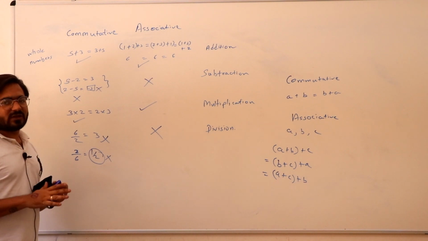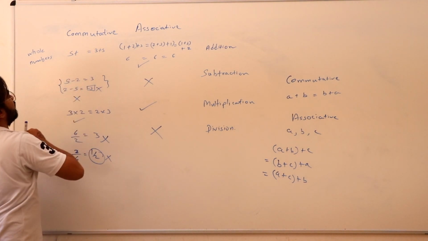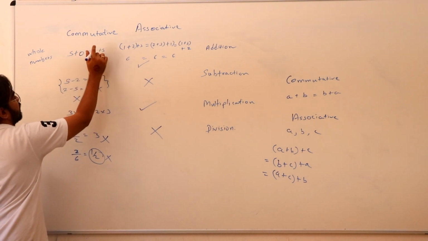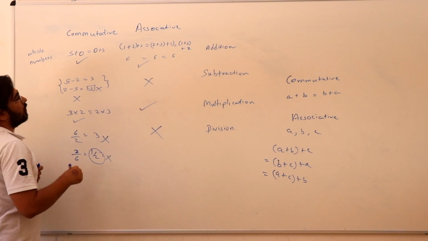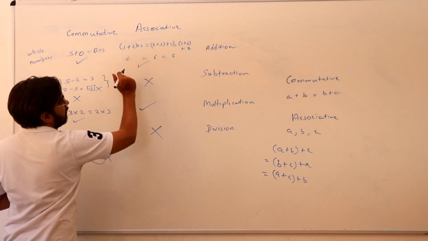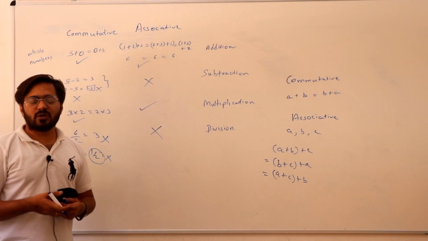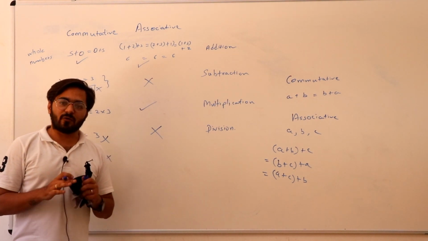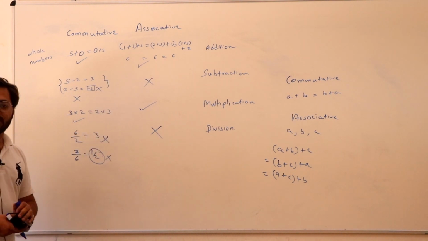We will include 0 in it. So if I do 5 plus 0, or if I do 0 plus 5, answer will be same, yes. So it does follow. Whichever property is followed by natural number is followed by whole number by default. So we don't need to check separately for each and every process.